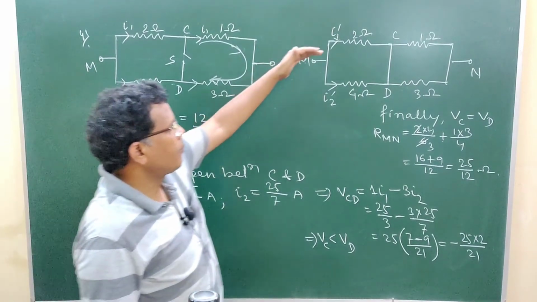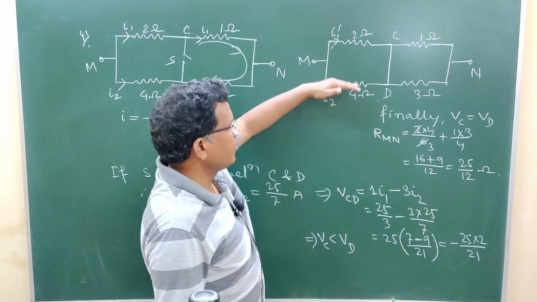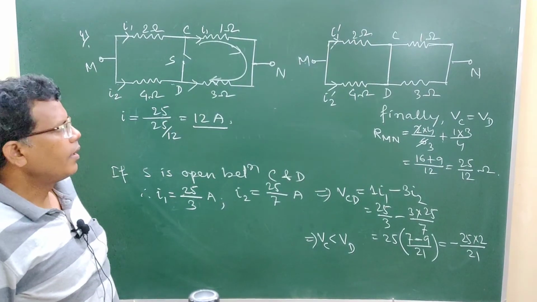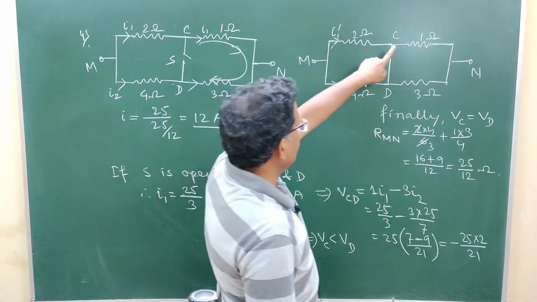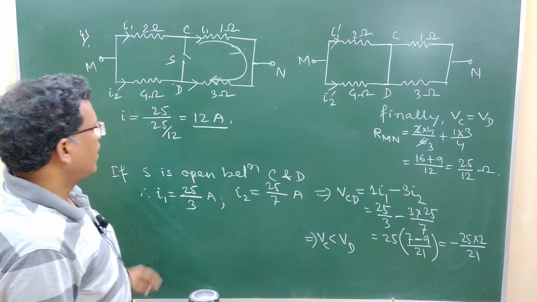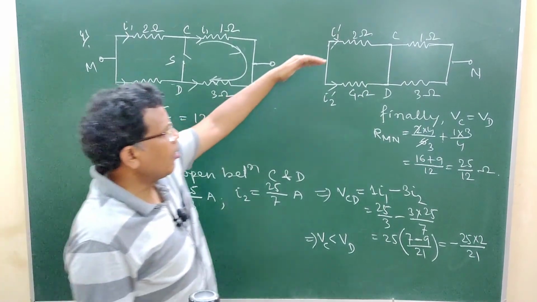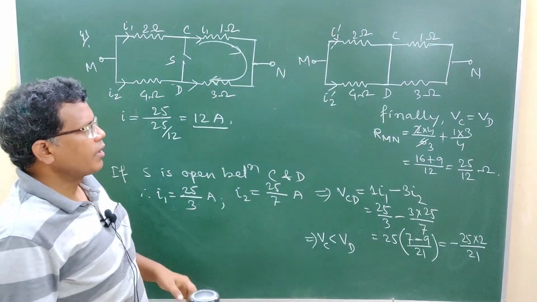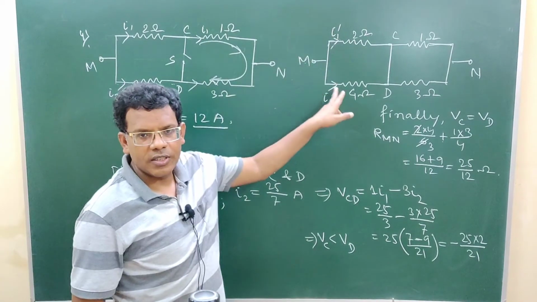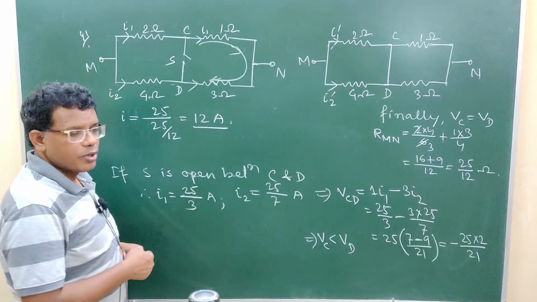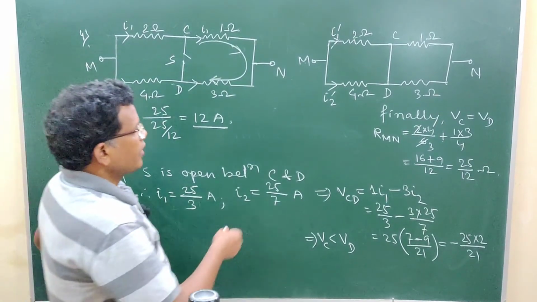Got my point? That 12 ampere is now splitting into this two part between M and C, and that between M and D. Potential difference is same, so 12 ampere will now split into the ratio of the resistor. We know that when potential difference is constant, current splits inversely proportional to resistance.